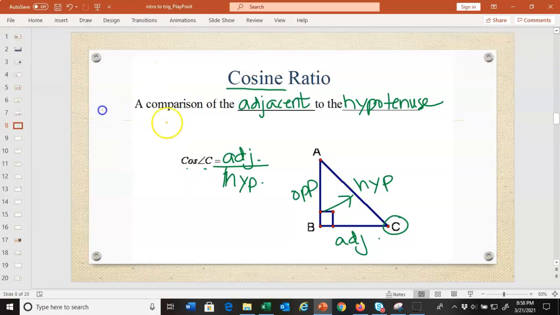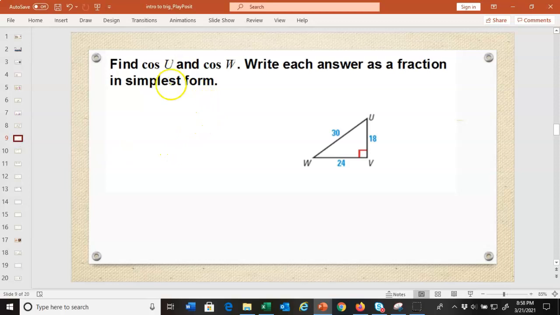So let's put some numbers just as an example. We'll do 3, 4, 5 again. If we're using C as the angle of perspective, then cosine of C is adjacent, which is 4, over hypotenuse, 5. And that's it.